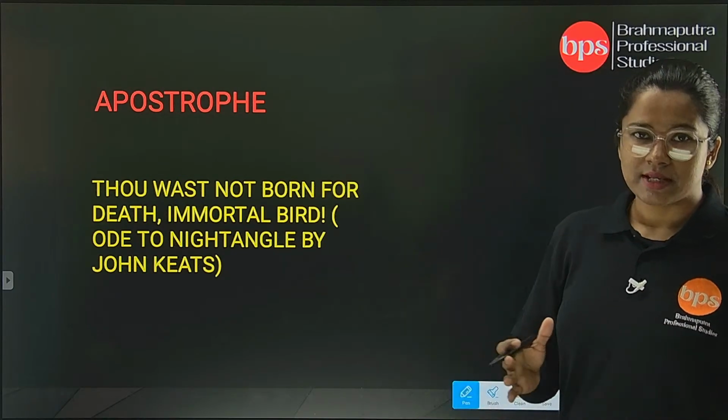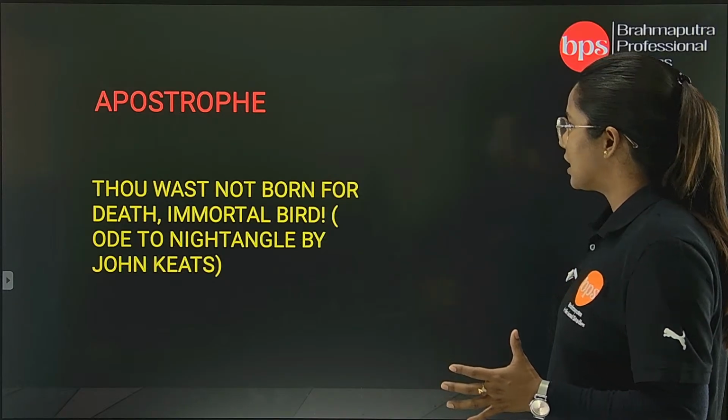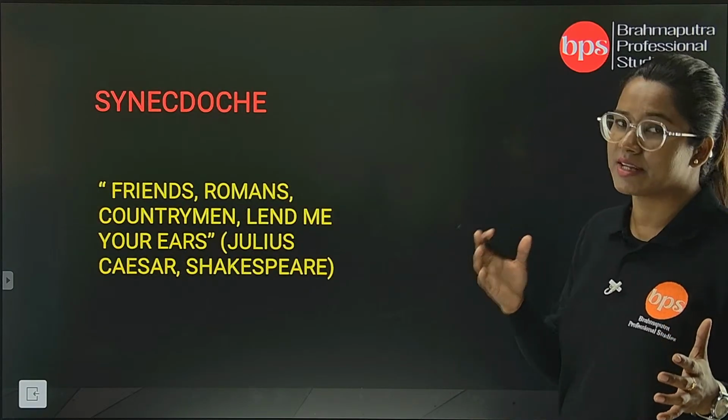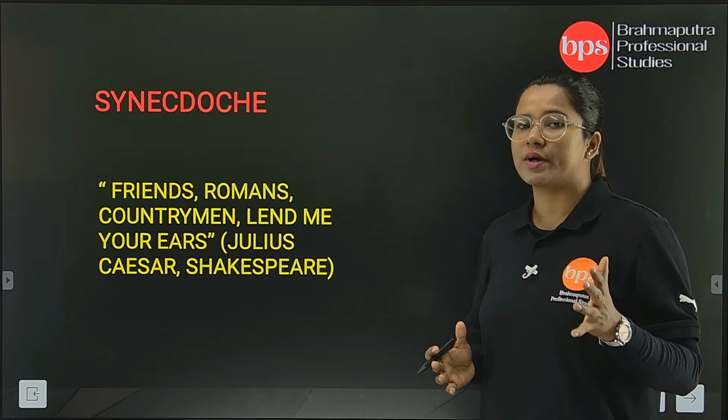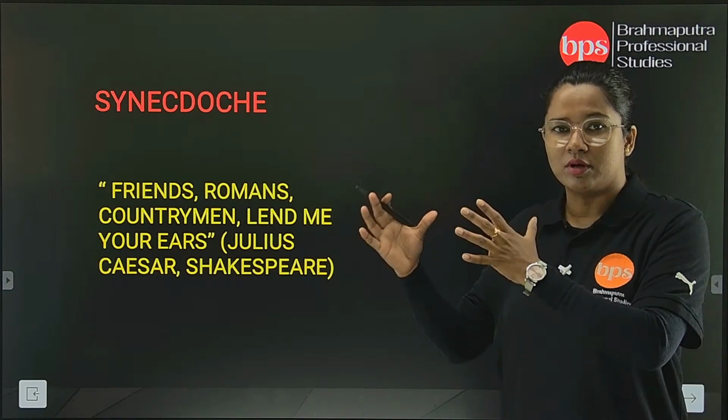So apostrophe is clear, hope so. Next we are moving on to the next figure of speech, that is synecdoche. Synecdoche is what? It is actually a part for a whole.